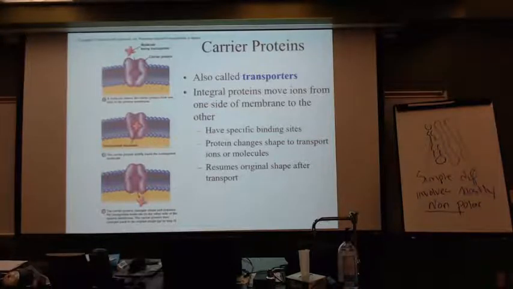So another type of protein that exists in the plasma membrane is termed a carrier protein. The carrier proteins, we also call them transporters. They are allowing movement of material from one side to the other.